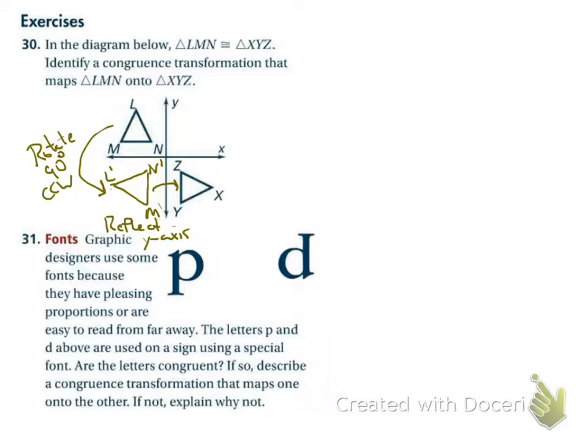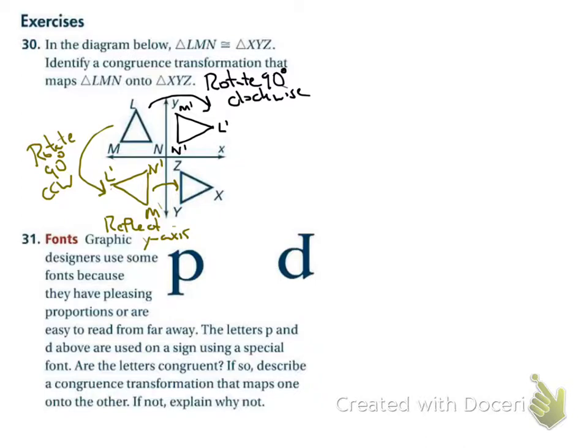Another way I see it is I could have rotated 90 degrees clockwise. And then by doing that, it would put me here with L prime, M prime, N prime.